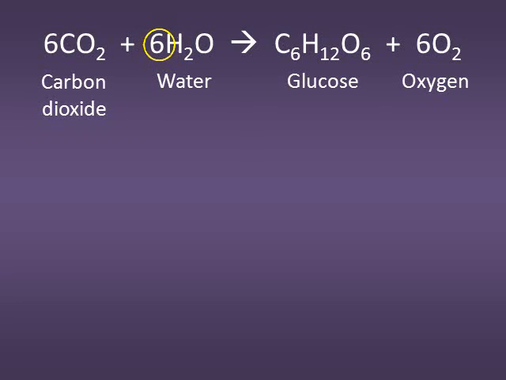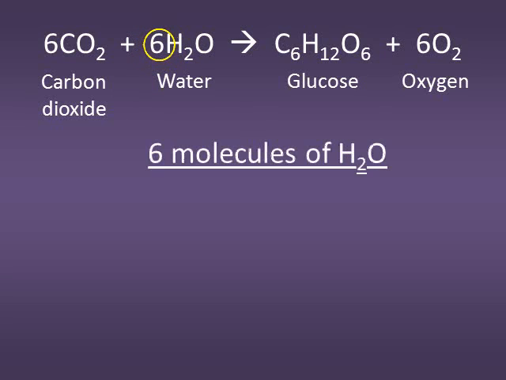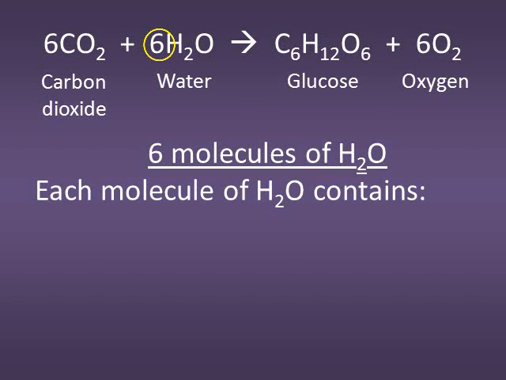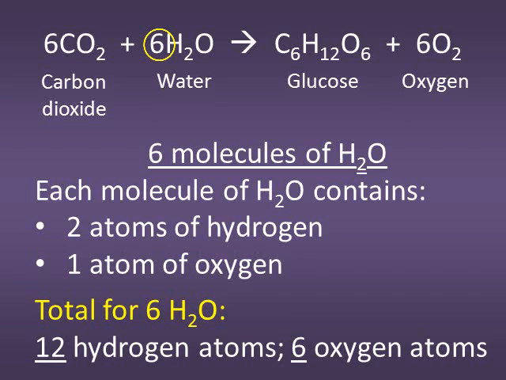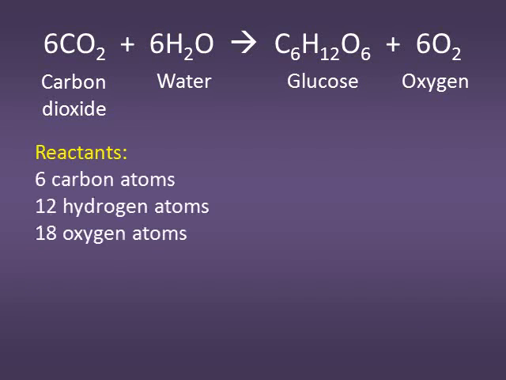We also see that there are 6 molecules of water in the reactants, and since each molecule of water contains 2 atoms of hydrogen and 1 atom of oxygen, then 6 molecules of water would thus contain 12 hydrogen atoms and 6 oxygen atoms. Okay, so let's see how many of each kind we have on the reactant side. So far we have 6 carbon atoms, 12 hydrogen atoms, and 18 oxygen atoms.